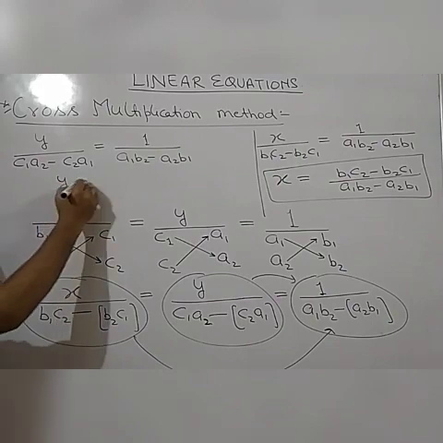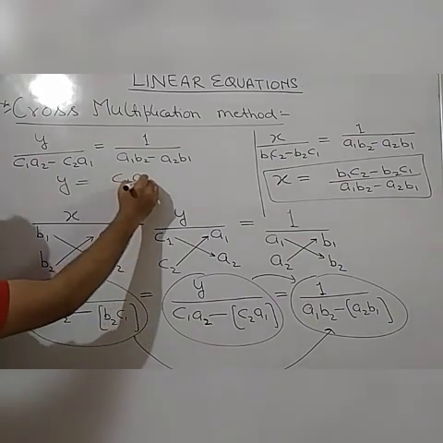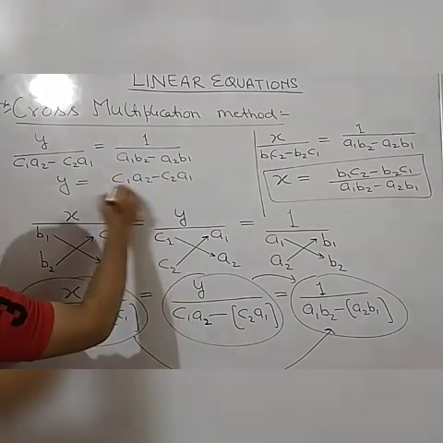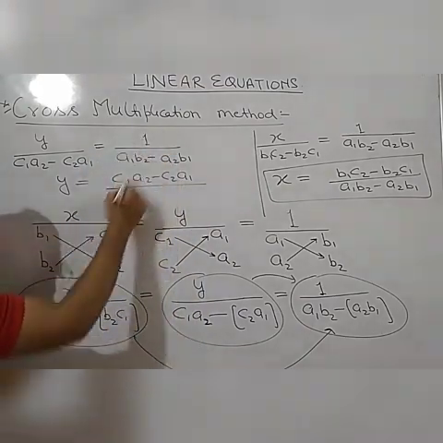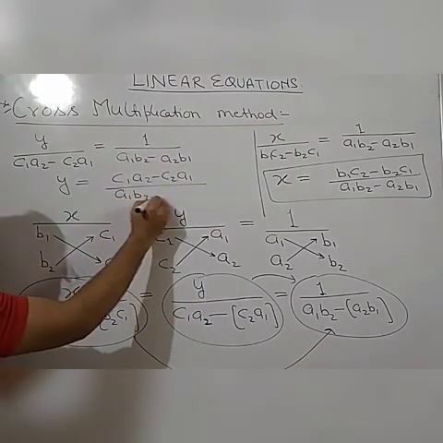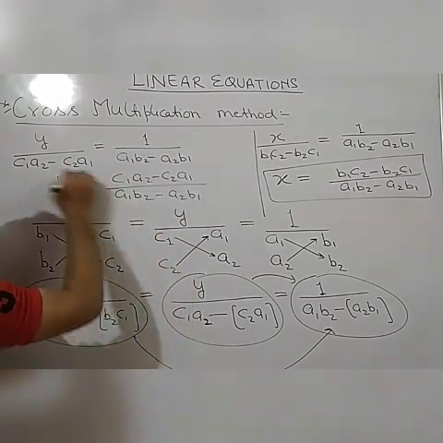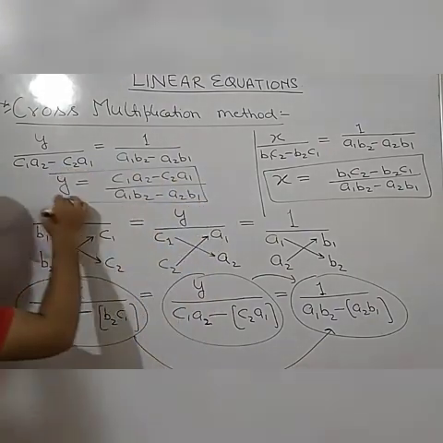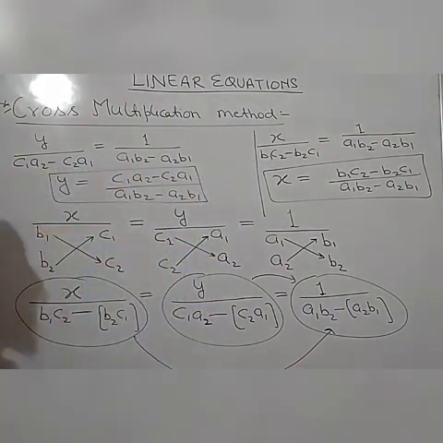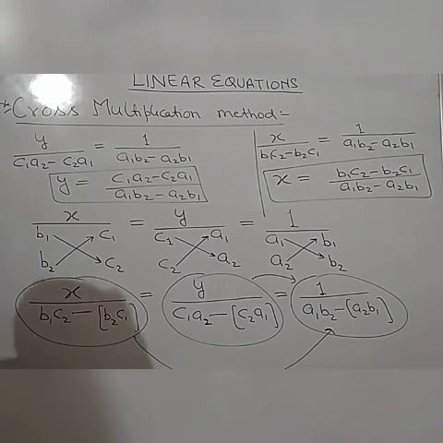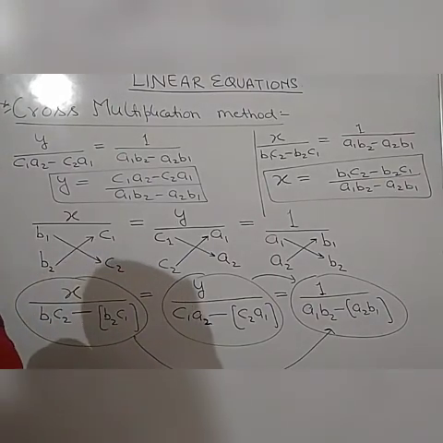Then we will get the value of y. Y is equal to c1a2 minus c2a1 multiplied here upon a1b2 minus a2b1. This is the value of y. So in this way we will calculate the value of x and y.